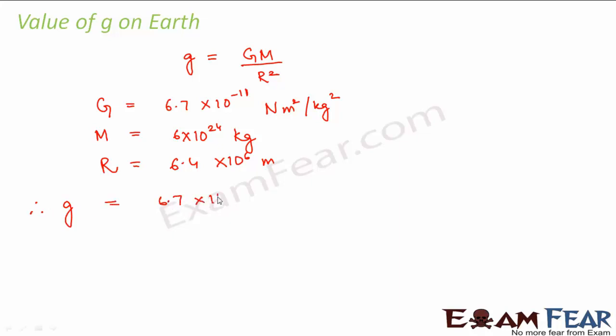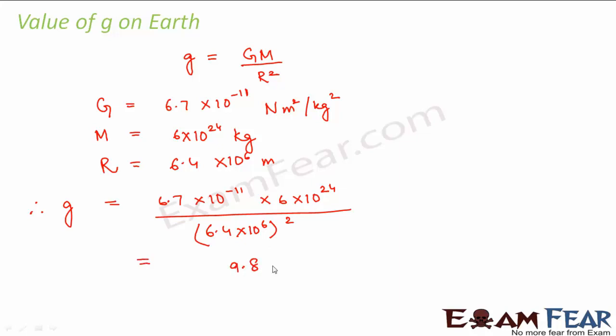So it will be 6.7 into 10 to the power minus 11 into 6 into 10 to the power 24 divided by 6.4 into 10 to the power 6 whole square. So this value of g comes out to be 9.8 meter per second square. So this is the value of acceleration due to gravity on the surface of the earth, right?